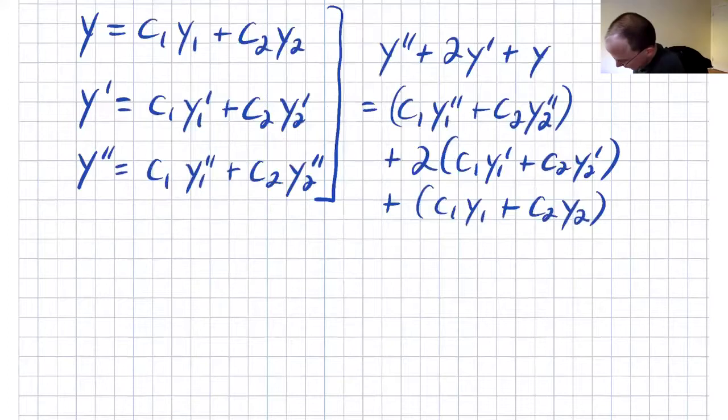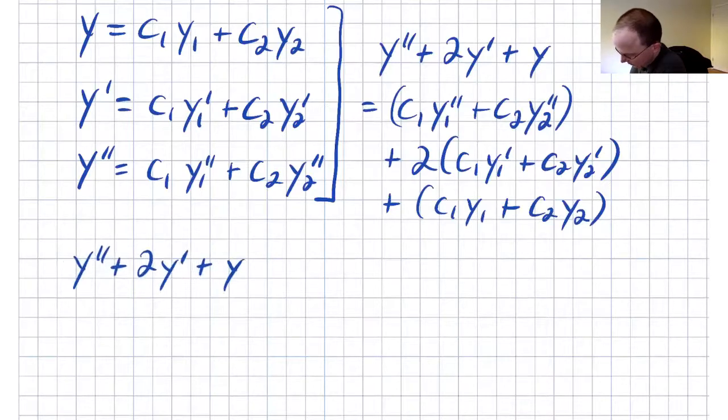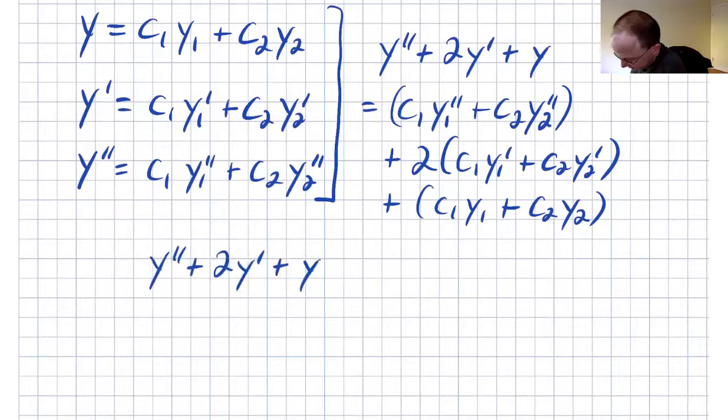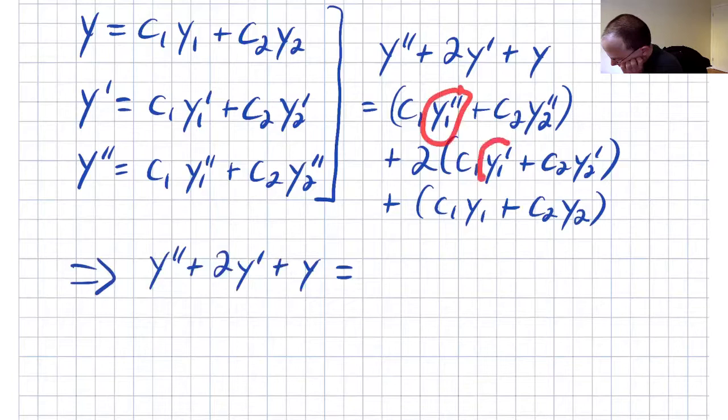Okay, so what do we get? I'm gonna move this over here. Well, maybe let's see. How do I want to do this? Let's put that there. Let's see. So let's combine the y1 terms here, here, and here, and we'll combine the y2 terms together.